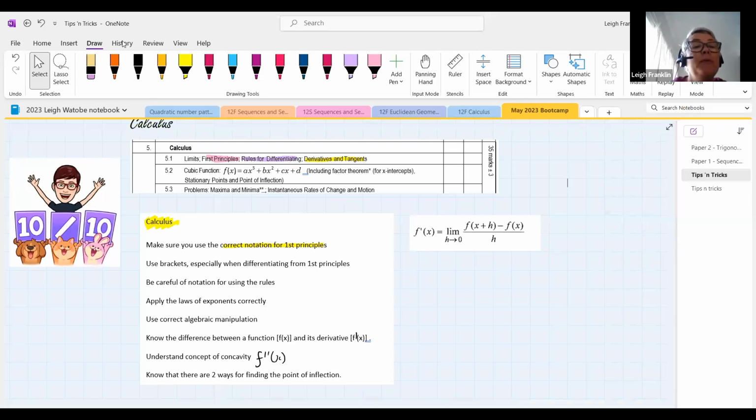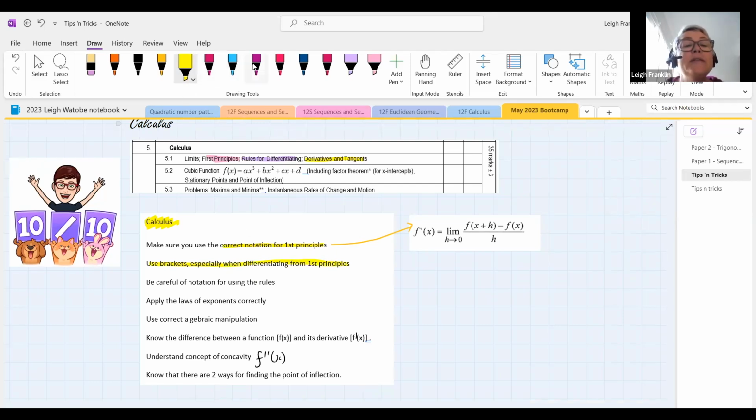Just a couple of little hints when we are working with first principles. Make sure that you use brackets, especially if f of x has two terms in it. So use brackets, especially when differentiating from first principles.